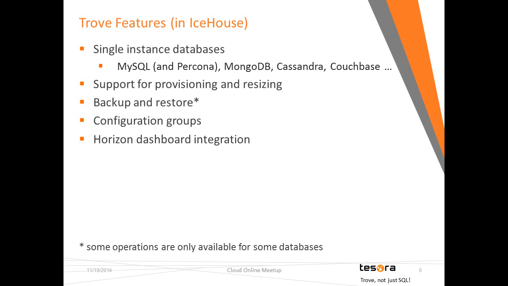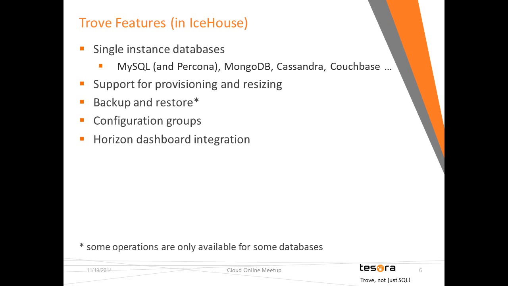Switching gears a little bit, let's talk about some of the features that Trove provides in a little bit more detail. For background, this is what Trove contained in Icehouse when it came out in Atlanta. Single instance databases with a variety of different data stores, MySQL, Percona, Mongo, Cassandra, and Couch.